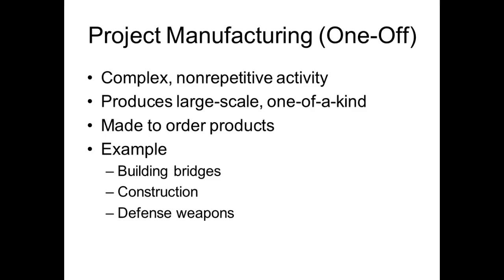So project manufacturing, these are complex, non-repetitive activities. These produce large-scale, one-of-a-kind devices or units, made-to-order parts. And of course, examples we see all the time: buildings. All right, you understand? Road projects, bridges, these are what we call project manufacturing.